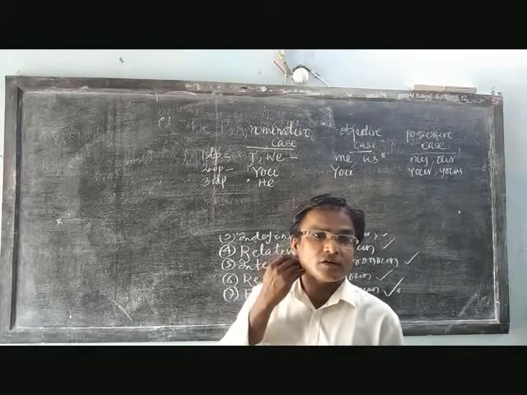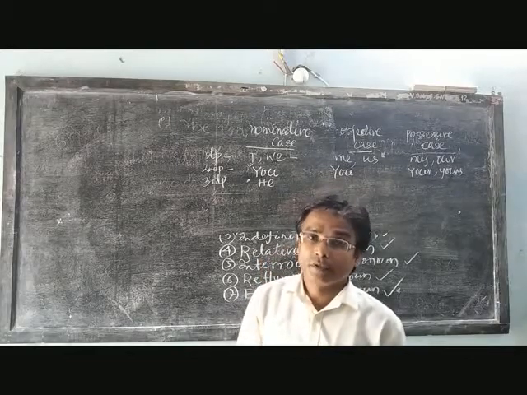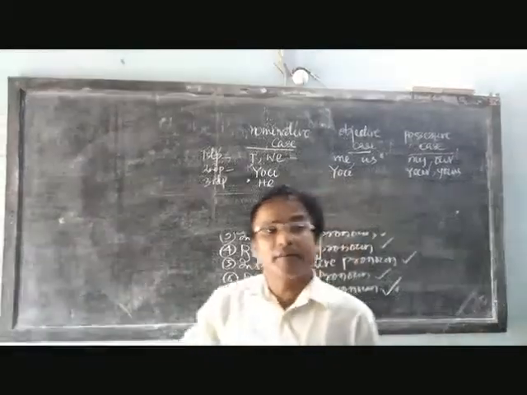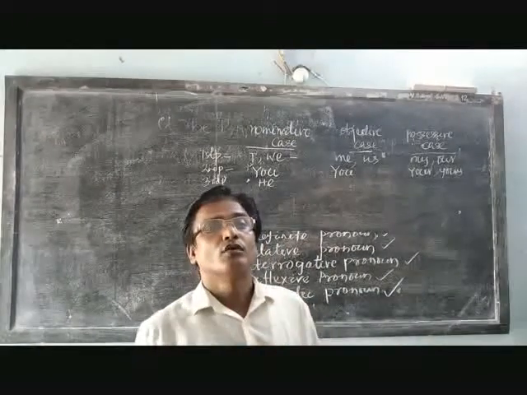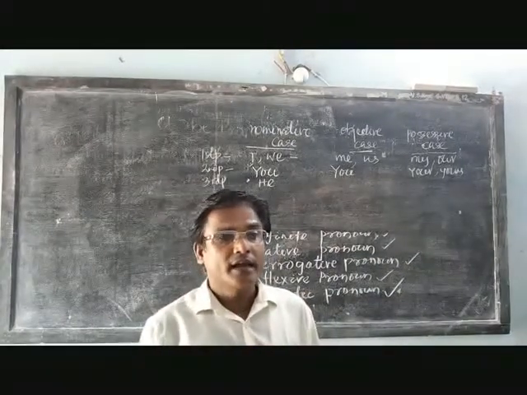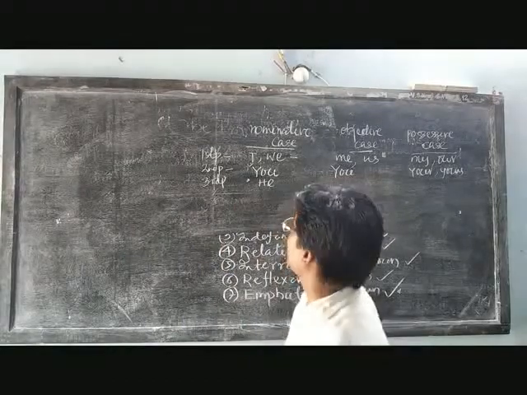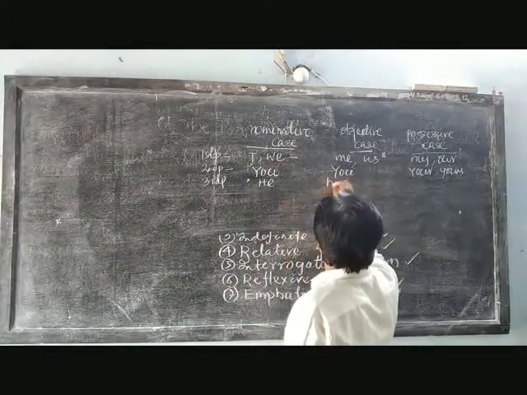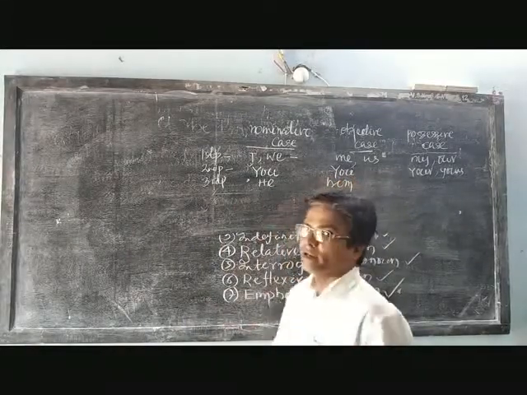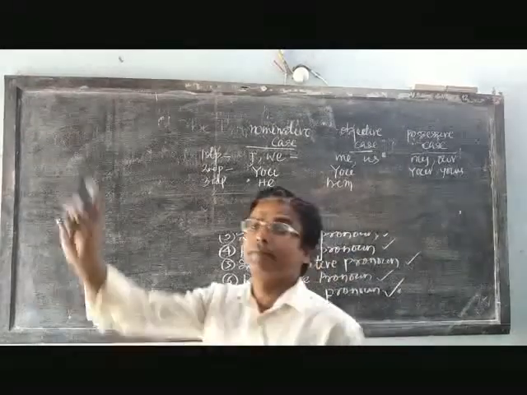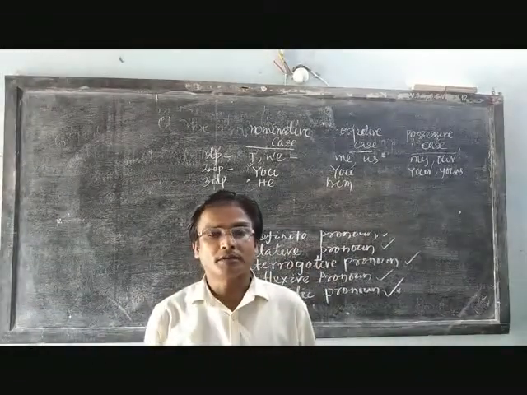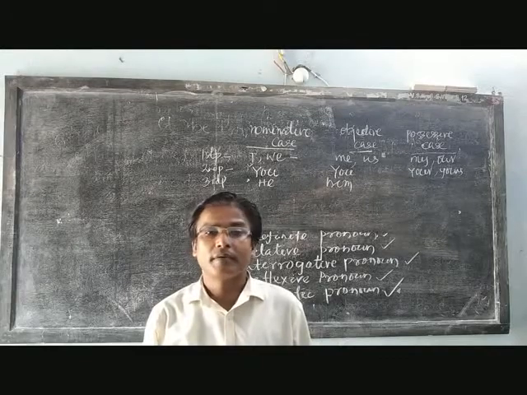In the objective case, where he is the person, it identifies the person who is doing some work. It will be he or him. For example, I gave him a book. Him comes after the verb gave.